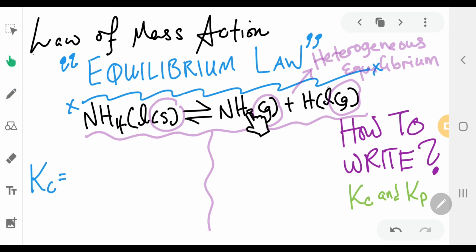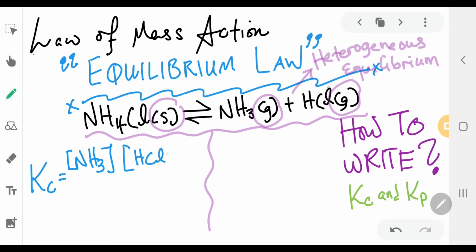Again, we're going to start with the product first on the top. Concentration of NH3 to the power of 1, because you have only 1 mole of NH3 being produced, and then 1 mole of HCl.